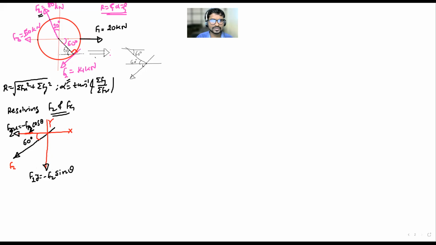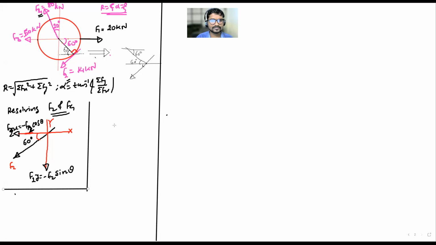ओके, जस्ट अ मिनिट. I will go for the resolution of the force F4 also. Okay. So firstly we'll go for its line of action. This is directed like this. बरोबर ना?